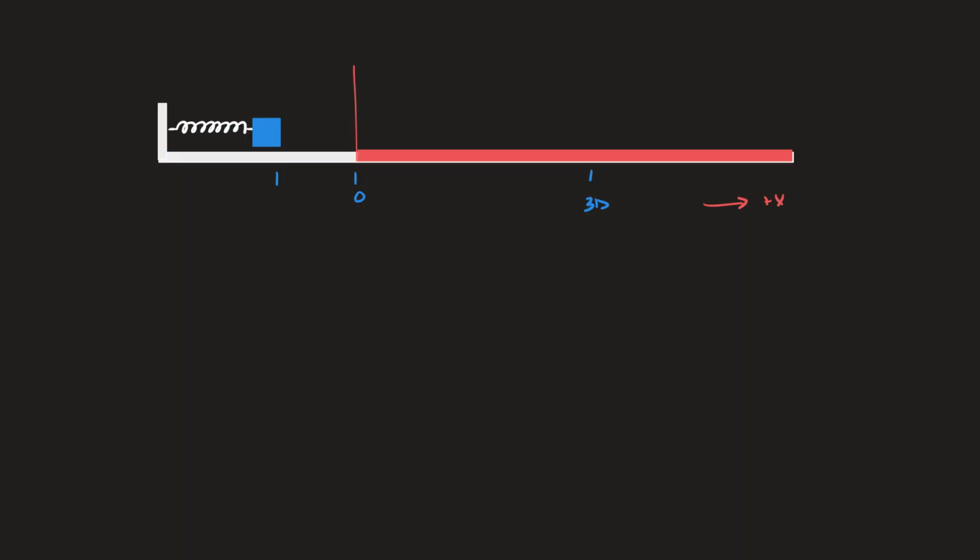So this is the relaxed position of the spring. So the box has been pulled back a distance negative d. It is used to launch a small box of mass m. There's a coefficient of friction of mu between the ground and the box beginning at 0 as shown. So over here there is friction, but there's no friction over on this side.